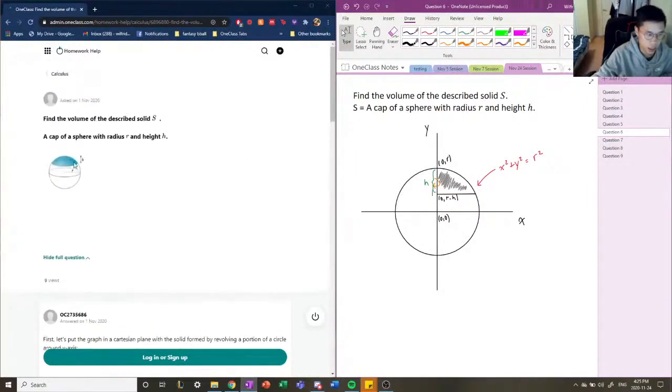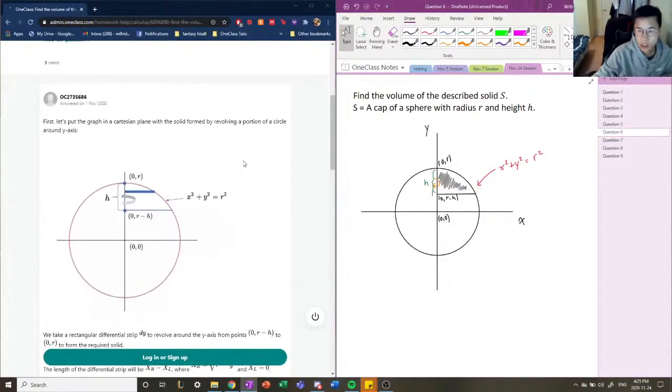This illustration here. Like I described in the disk method and the shell method, we are now going to add the area of a cross section of this cap, and we're going to sum up all of these areas.